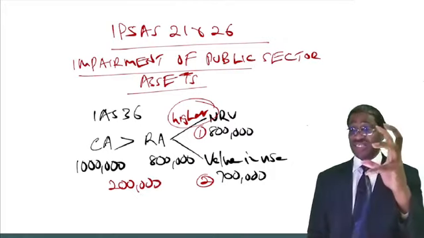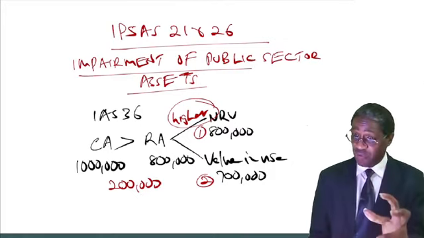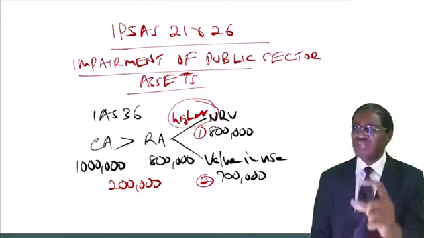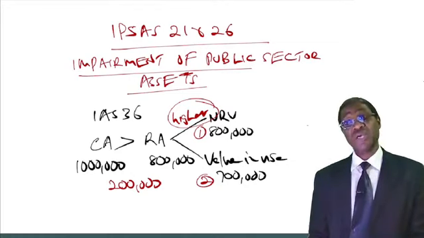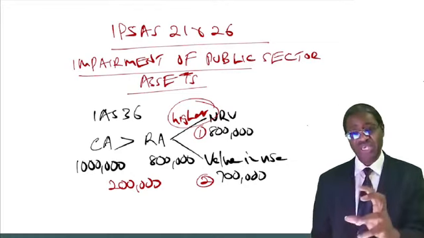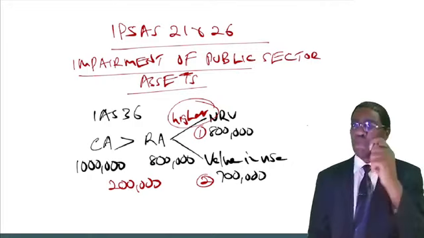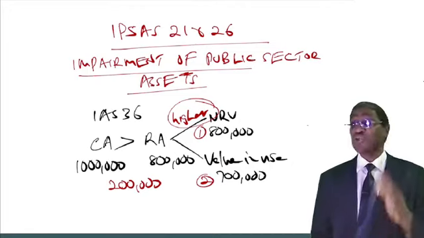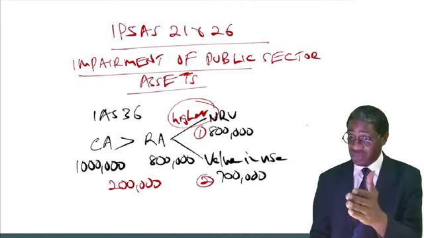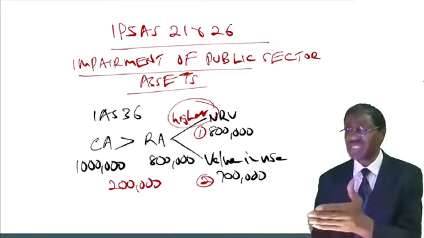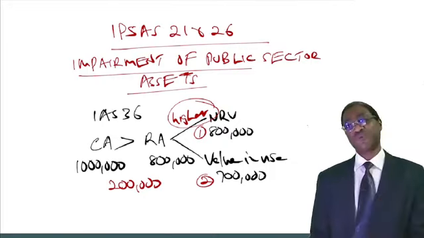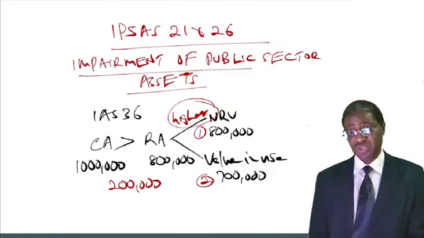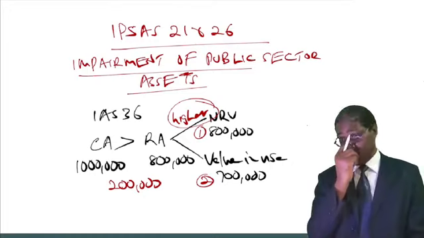We had our asset originally at 1 million, but the true value for that asset should be 800. Therefore that asset should be impaired by 200. That means you write off 200 from the asset. Of course, you will credit the asset and debit the profit or loss with that loss, which we are calling the impairment loss.